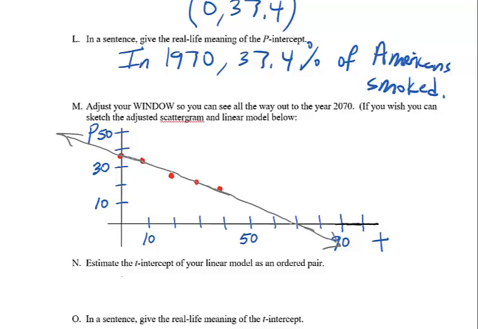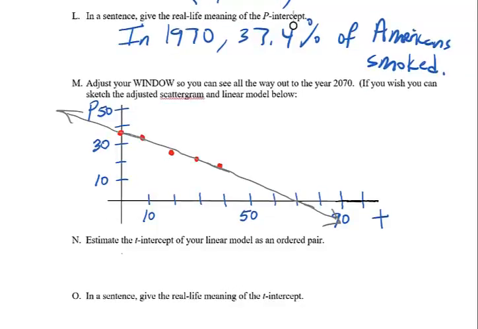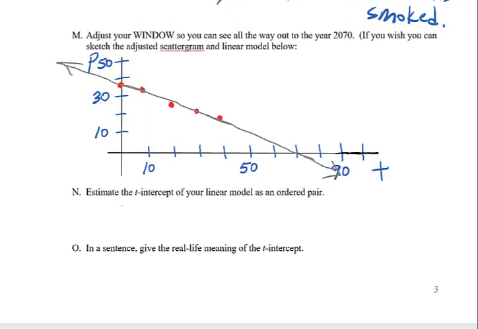Part N on our handout goes on to ask, now that we've got this bigger picture, estimate the t-intercept of the linear model, again as an ordered pair. Well, t-intercept means the spot where that gray line crosses the t-axis, and I can see it appears to be right around here.